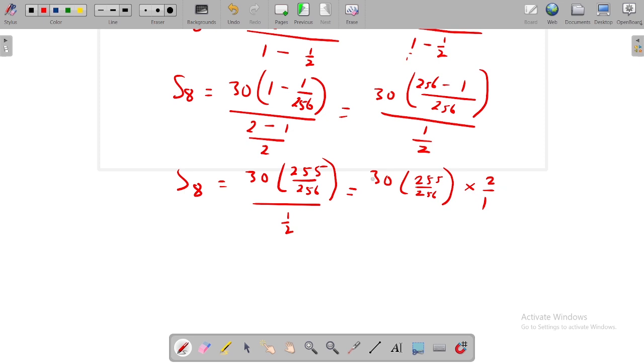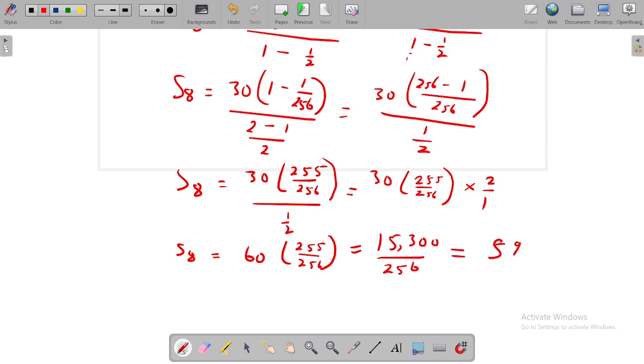This 2 will now multiply this 30, it will now give us 60, bracket open, 255 all over 256. This becomes equal to 60 times this, which will give us 15,300 all over 256.